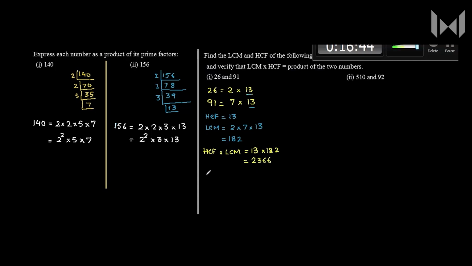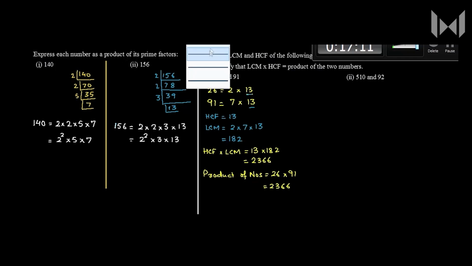And if we multiply the product of the numbers, which is 26 into 91, you get the same answer, that is 2366. And therefore the product of the LCM and HCF is equal to the product of the two numbers. In a similar way, we shall try to do the second part.